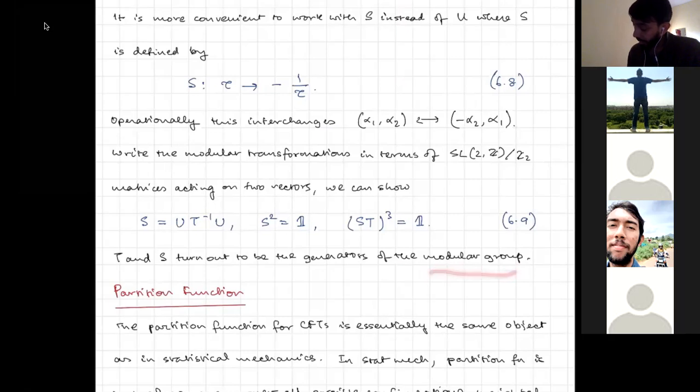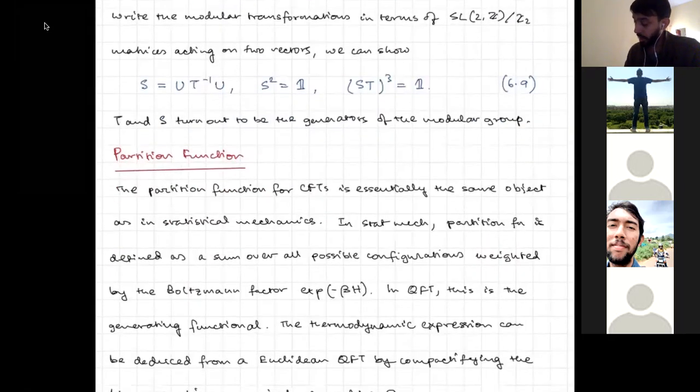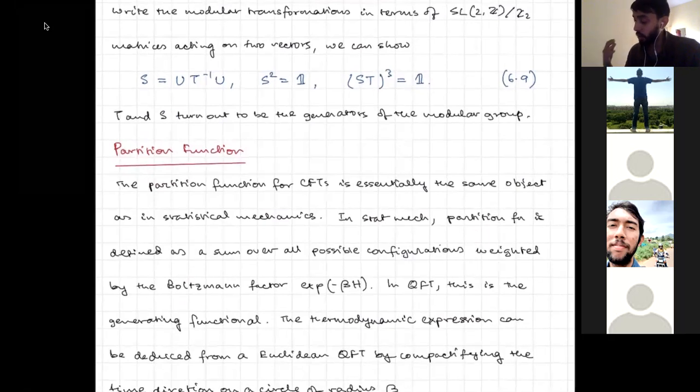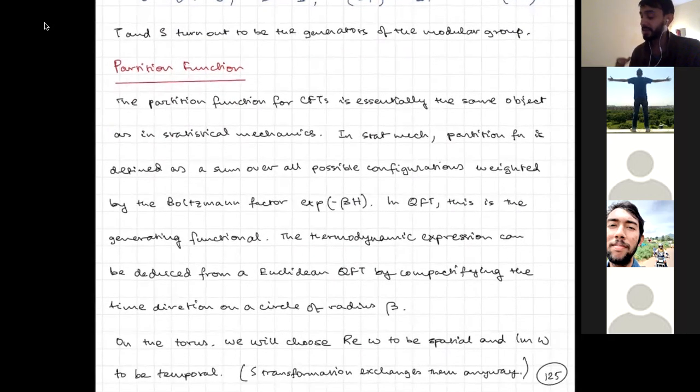All right, so now the focus of the whole thing is going to be on partition functions in a CFT. In the usual StatMech, this is a sum over all possible configurations, weighted by the Boltzmann weight of exponential minus beta H. This is the same as a generating functional in a field theory.